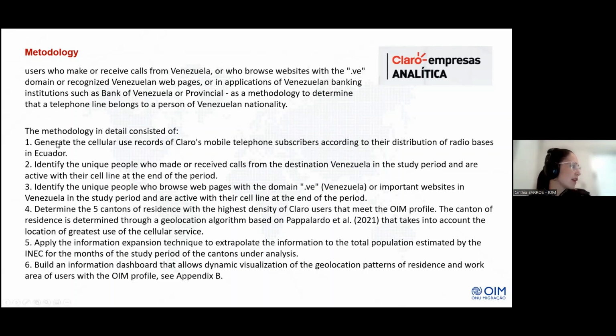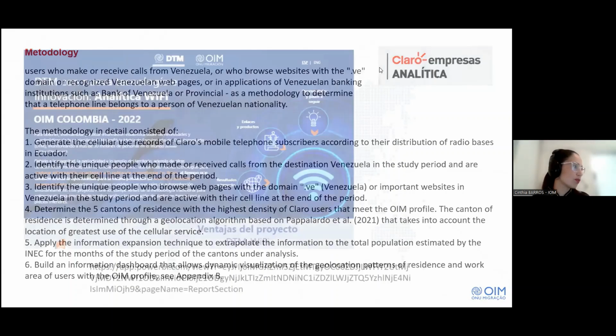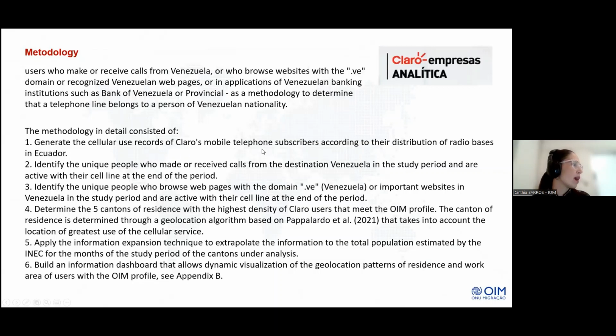So in this exercise, the steps consist of: generate the cellular use of Claro mobile telephone subscribers according to their distribution of radio bases in Ecuador; identify the unique people who made or received calls to Venezuela in the study period and are active with their cell line at the end of the period; identify the unique people who browse web pages with the domain from Venezuela or important websites in Venezuela in the study period and are active with their line at the end of the period.